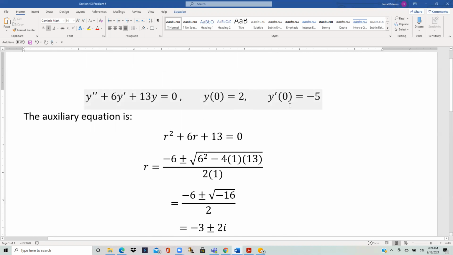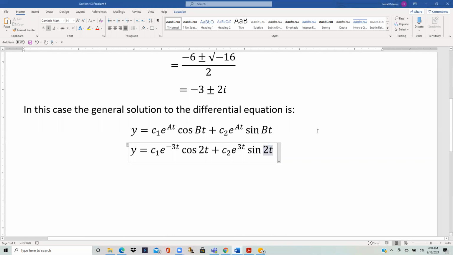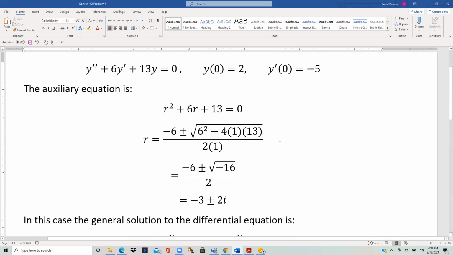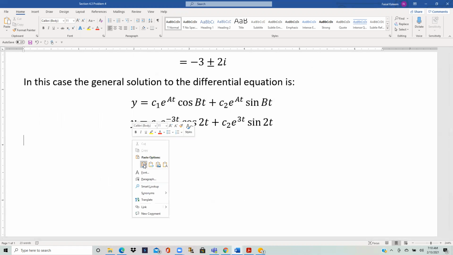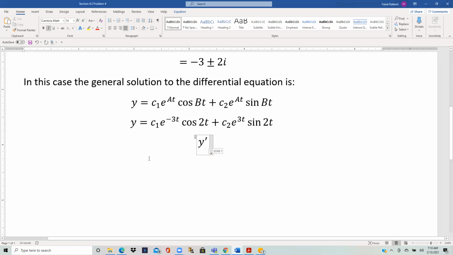We also have a condition about the derivative. So let's take the derivative right now. y prime t is equal to, so we will have to use the product rule here on the first term.